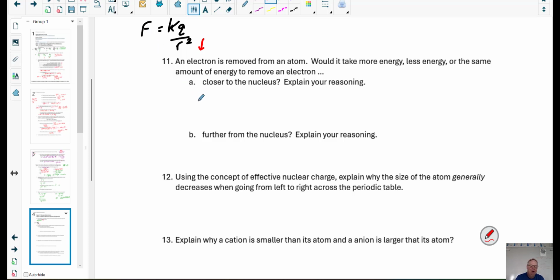So if it's closer to the nucleus, we have a much smaller radius, which means that we're going to have a higher attraction and a higher force. Therefore, it's going to be harder to remove that electron.